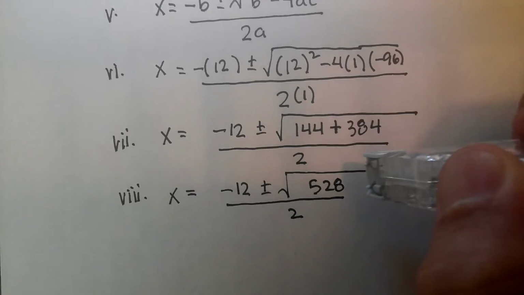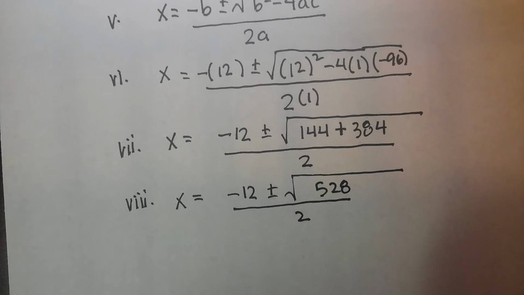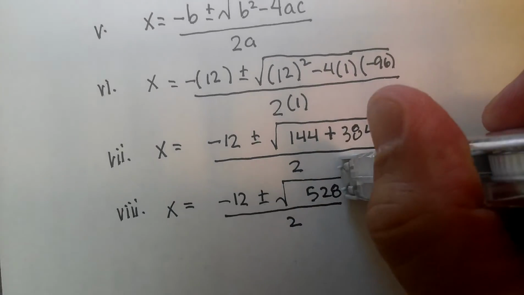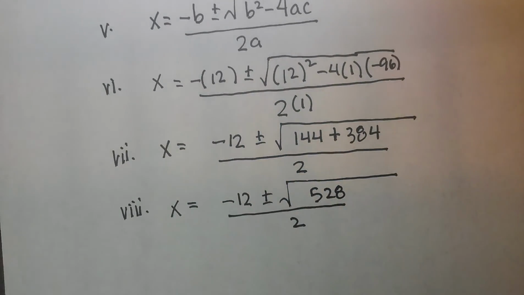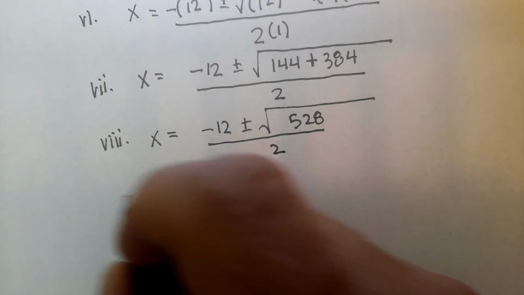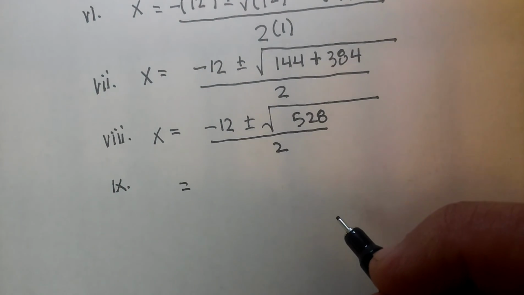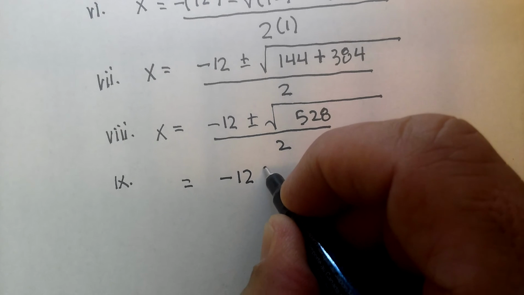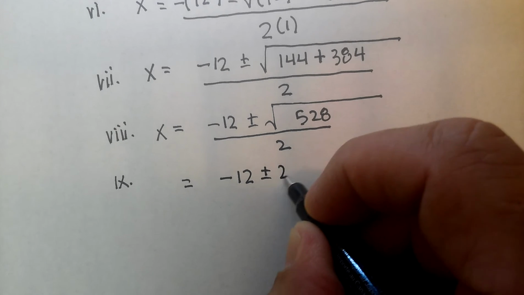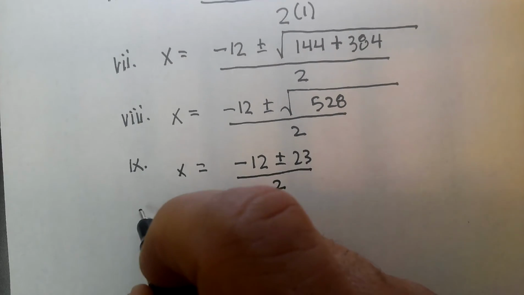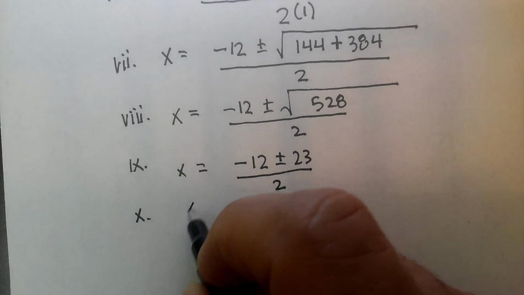This is just kind of extraneous. Sorry, it doesn't look like this is going to work. That's okay, we really don't need that. We know that the square root of 528, this is my step 9, 22.97, which is basically 23, okay? So negative 12 plus or minus 23 all over 2, and my last step, 10.